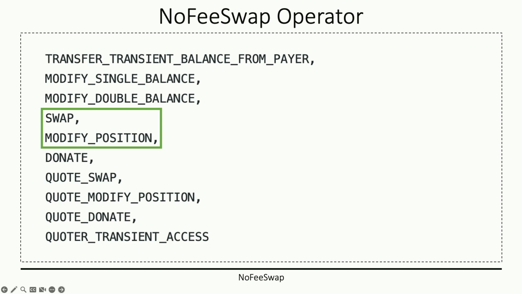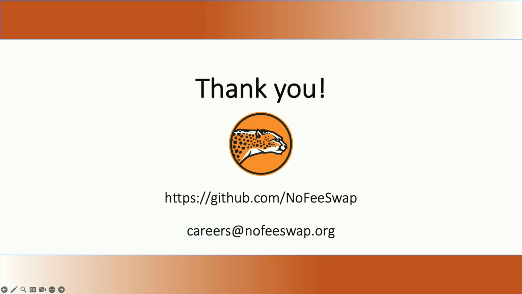Our swap function also has some nice features. For example, you can set an arbitrary direction, not necessarily a Boolean 0 for 1, which helps you perform an optimal arbitrage swap. There are many other features that we are going to cover some of in the next presentation.